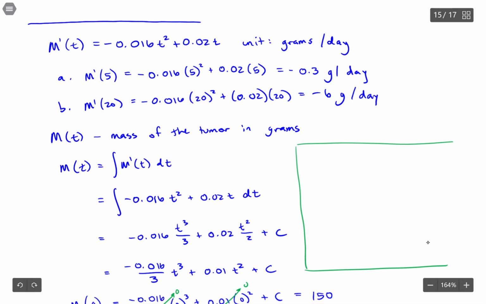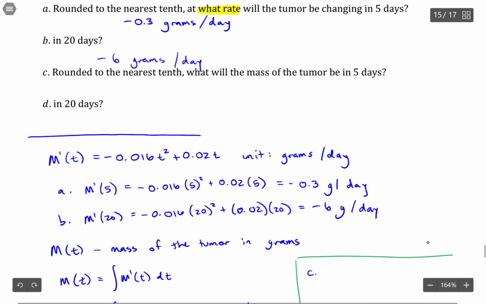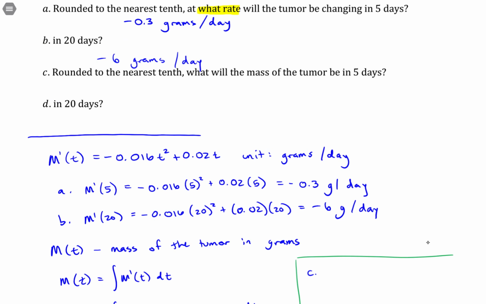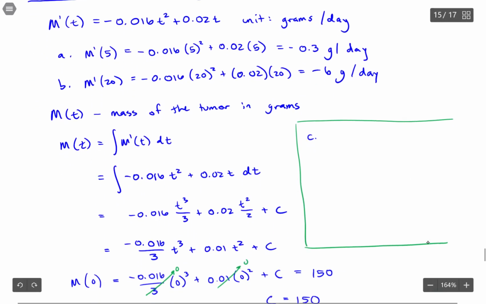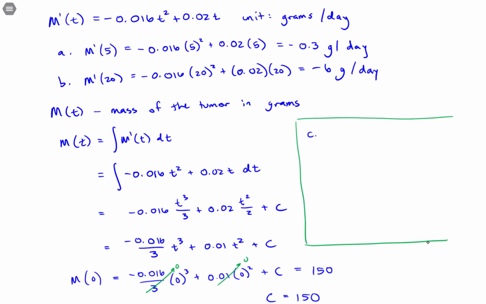So for part C, we want to know what the mass of the tumor actually is after 5 days. So not how it's changing, but what it actually is.